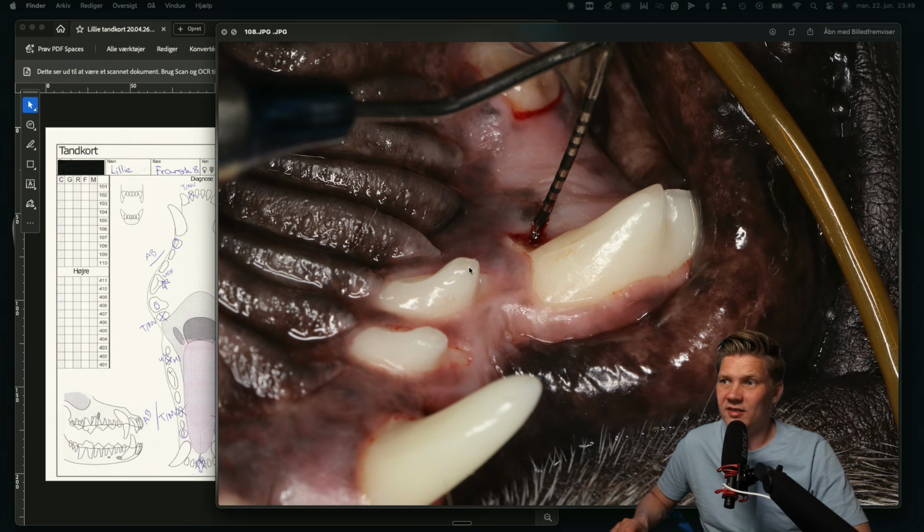Something to note here is that even though these premolars are rotated, they still maintain a gingival color around them. This means that there's gingiva surrounding the whole tooth, separating them from the next tooth.